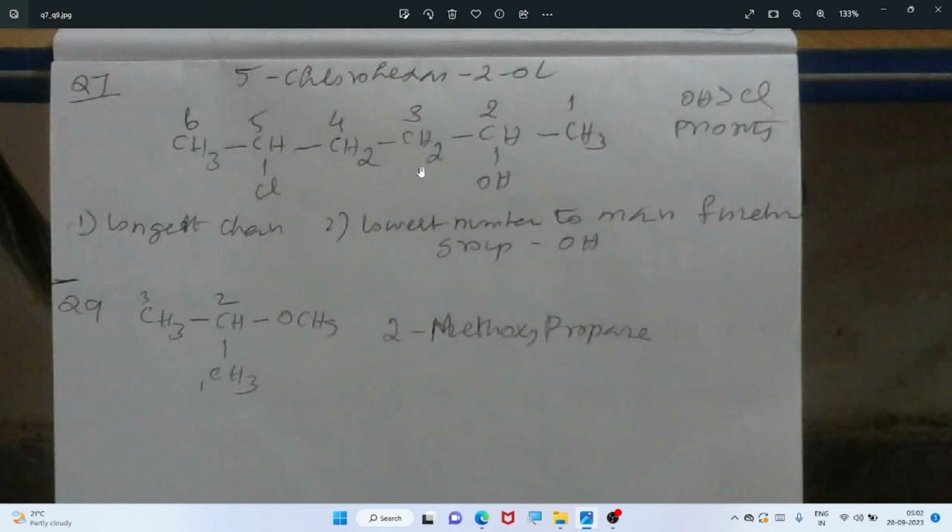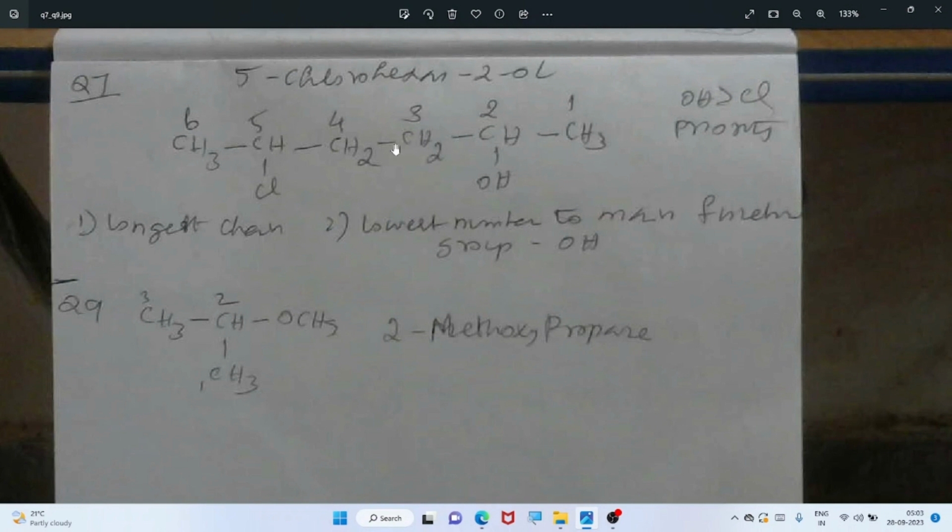In the longest chain, the lowest number should be assigned to the functional group. Between Cl and OH, the OH has higher priority, so this should have the lower number. Based on this, it is 5-chlorohex-2-ol. 2-ol means alcohol.